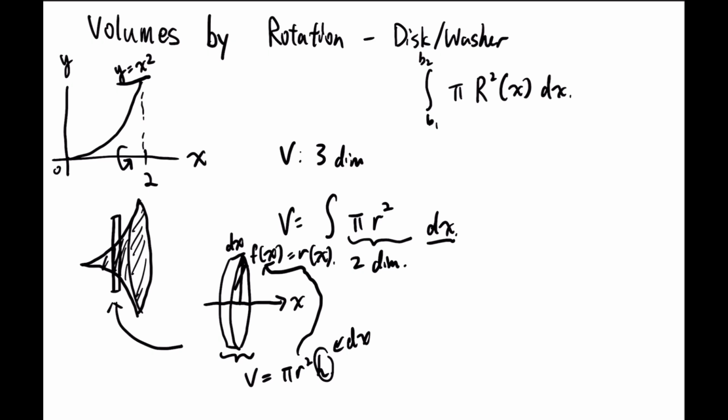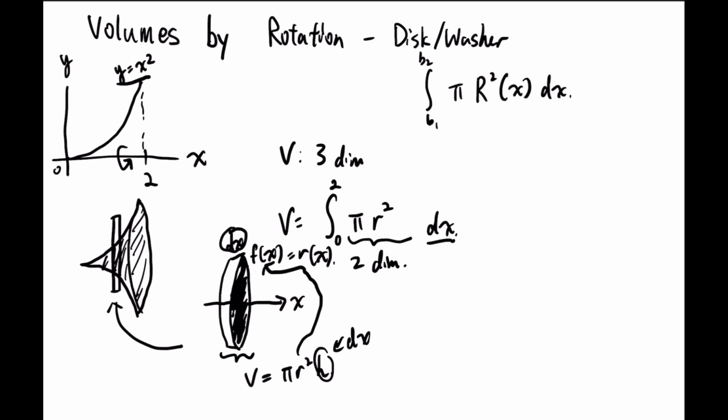Pi r squared is the area of this circle right here. And then we're multiplying it with a very small width dx to get a very small slice of the shape. So this entire thing here would give you the volume of one small slice of the overall shape. And by integrating this very small volume over the entire bound, 0 to 2, or whatever bounds you have, you would get the overall volume.